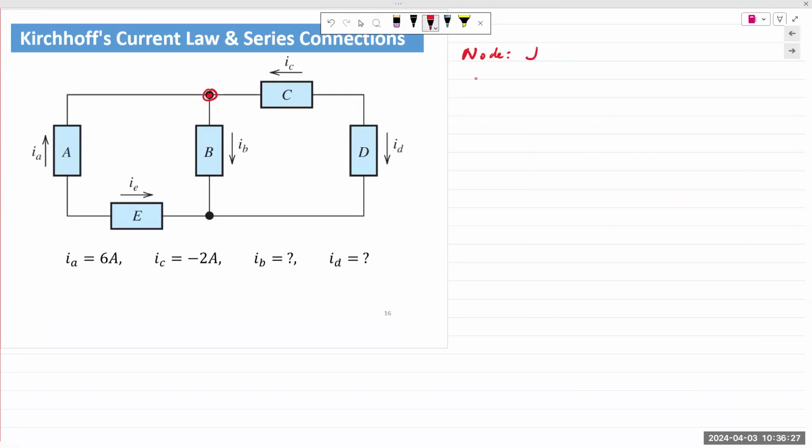So it's a junction of two or more components.